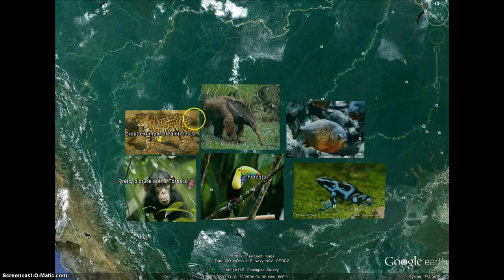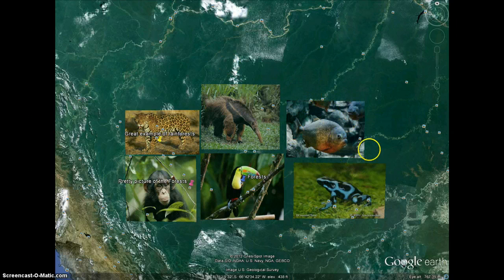What about this animal? Do you know what this is? It's not very common. It's an anteater. Like I said, it's not a very common animal, and even in the Amazon rainforest, it has a small population.